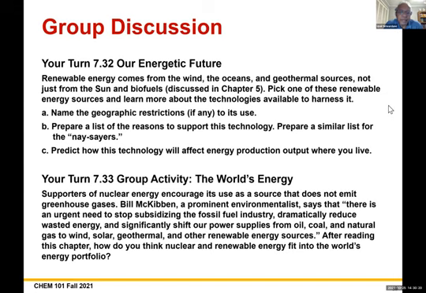Of course, nuclear energy also does it, but it doesn't emit carbon dioxide, except it produces nuclear waste. Natural gas to wind, solar, geothermal, and other renewable energy sources. After reading this chapter, how do you think nuclear power and renewable energy fit into the world's energy production?